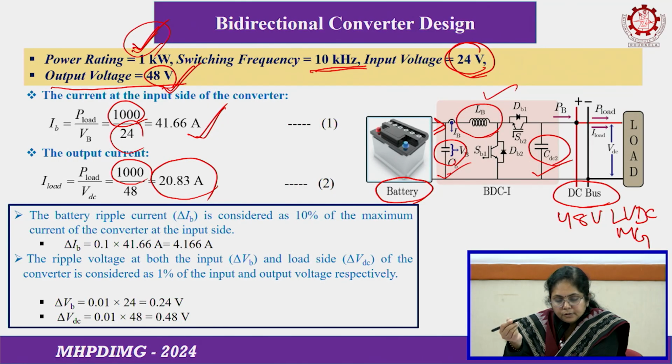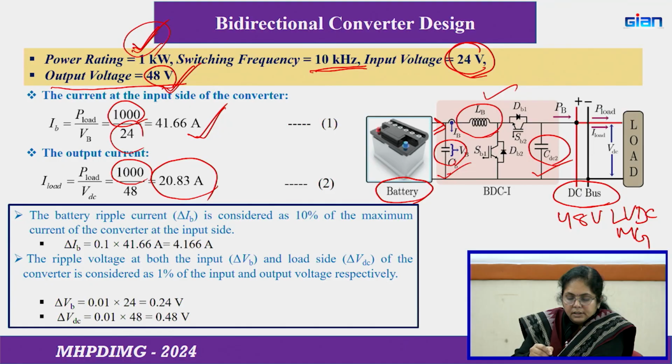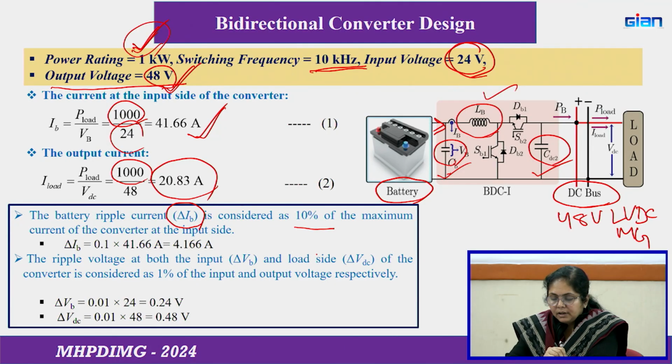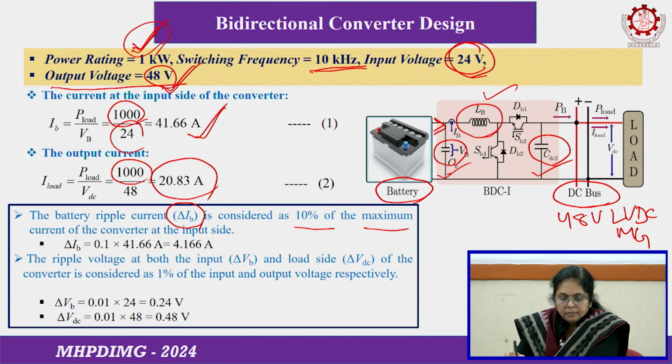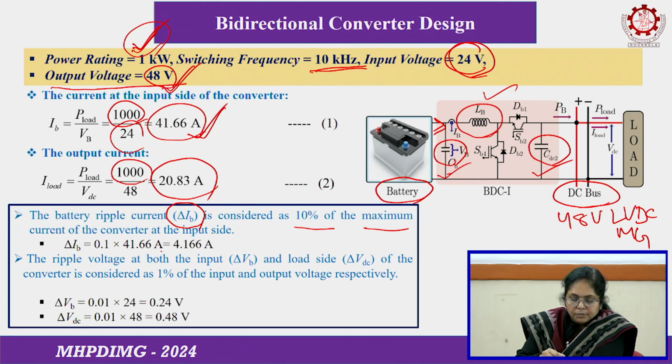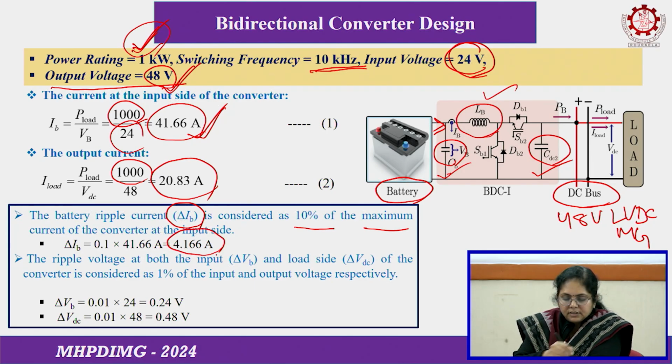We have to fix the battery ripple current, which can be considered between 10 to 30%. In this example, I have chosen 10% of the maximum converter current on the input side. The battery current we calculated is 41.66, so 10% of it is the ripple current of the battery: 0.1 of 41.66 is 4.166 ampere.